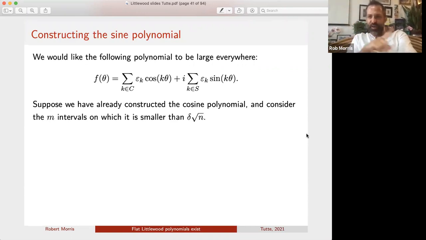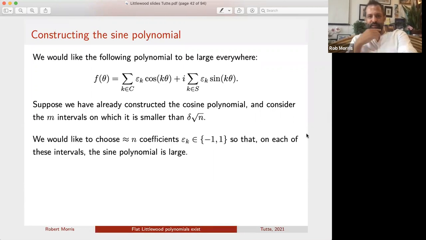So it's flying back and forth along the x-axis, and there are various intervals on the circle where the image is small. Let's suppose there's m of them. Just let m be the number of intervals. So we want to choose the coefficients in S so that on each of these intervals, the sine polynomial is large.